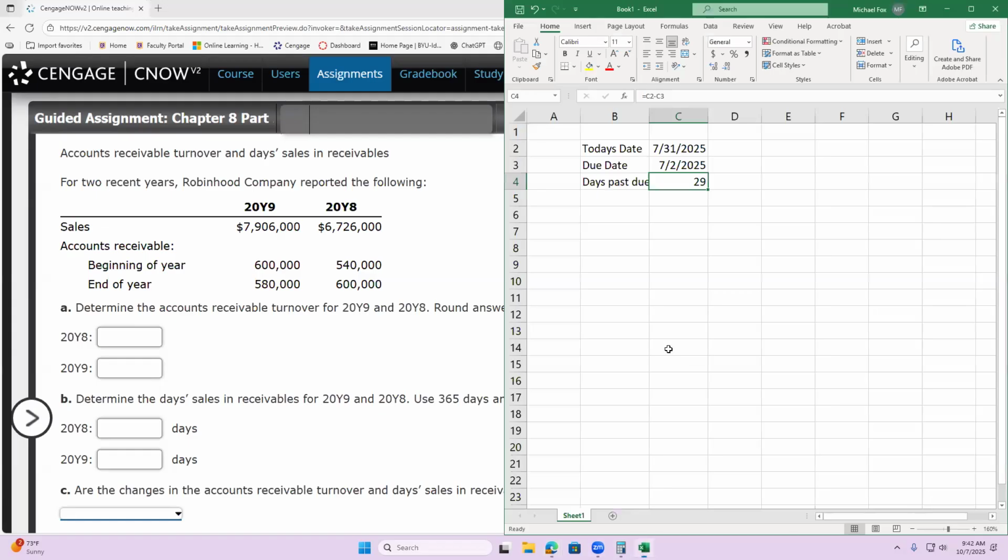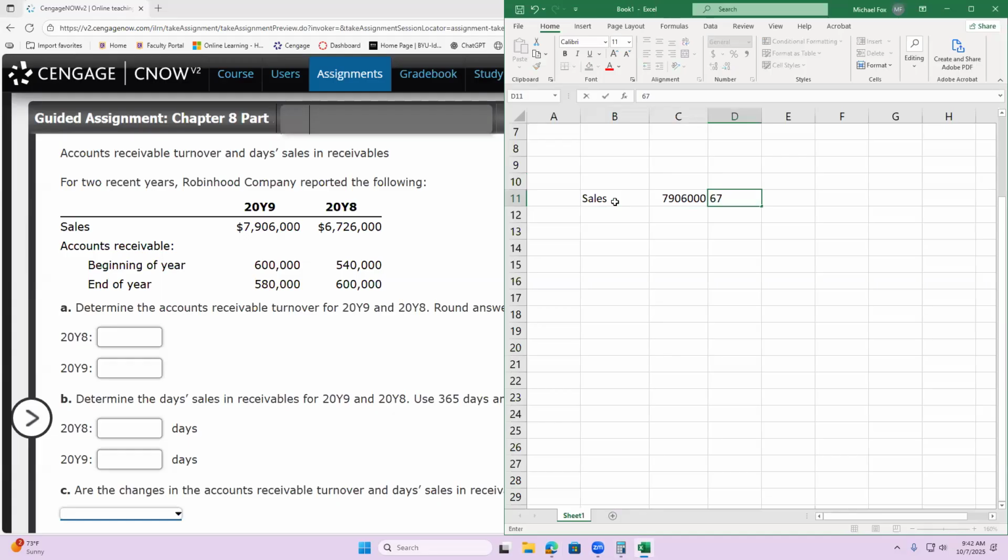So I can do this by hand. I could also use Excel, right, if I wanted to put all this in. And then AR beginning, and end.